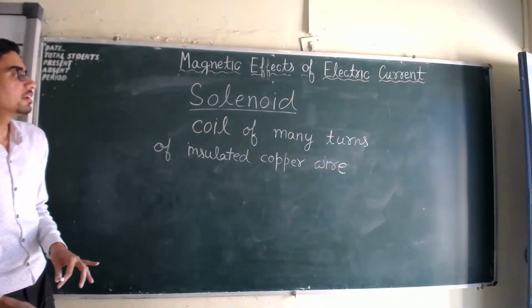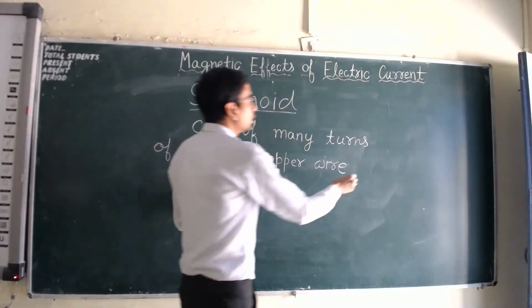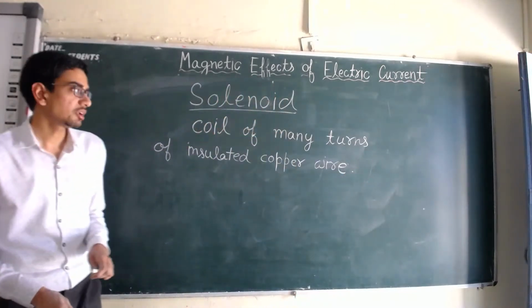Solenoid is a coil of many turns of insulated copper wires connected to a battery.